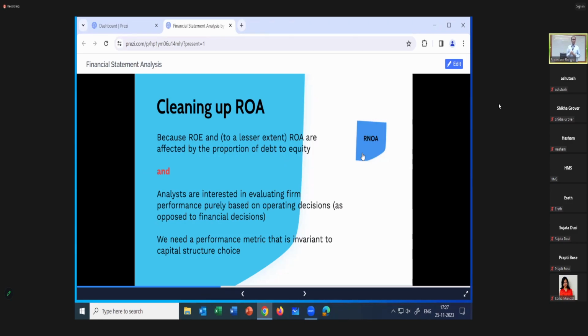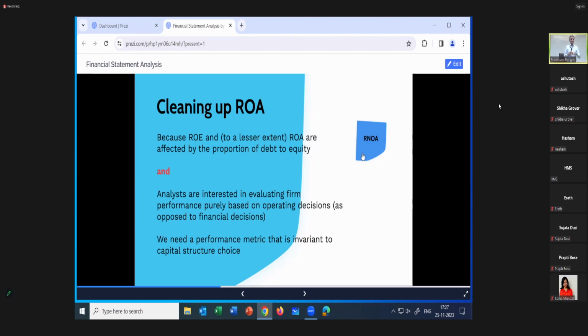Let's forget about preferred dividends. The problem is the denominator in ROA has liabilities and shareholders' equity, but the numerator has only profit. So the return to the people who give loans or liabilities is missing in the numerator for ROA. RNOA fixes that.